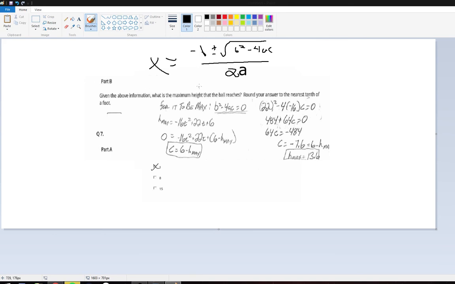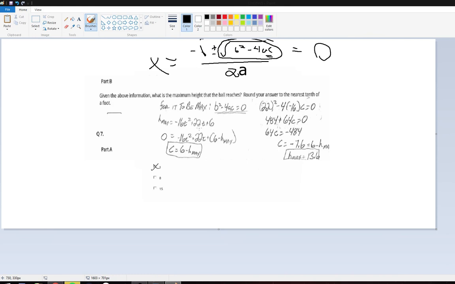Okay, so all you gotta do is find the discriminant right here in the quadratic equation, and find out what value c needs to be in order for all of this to equal exactly 0. That would be the max height, right? So you plug in your numbers.